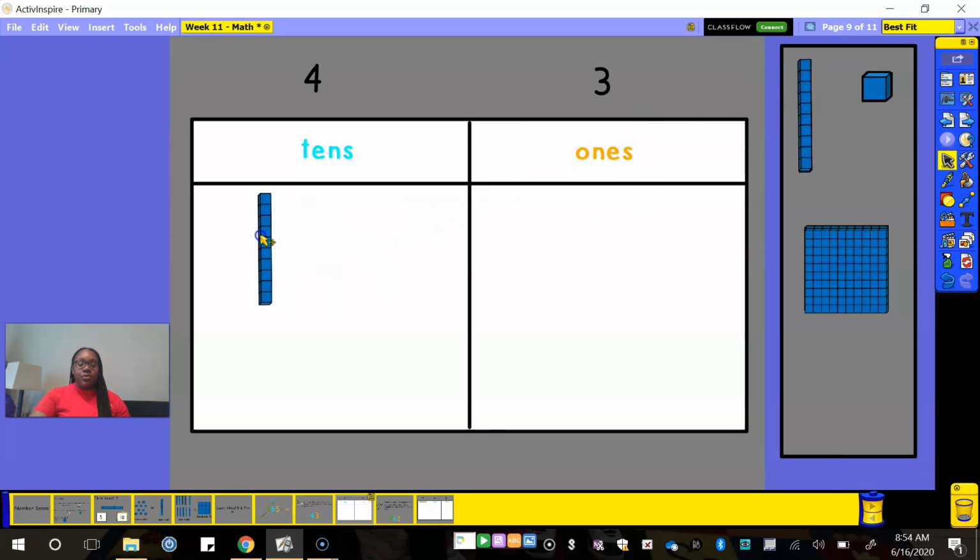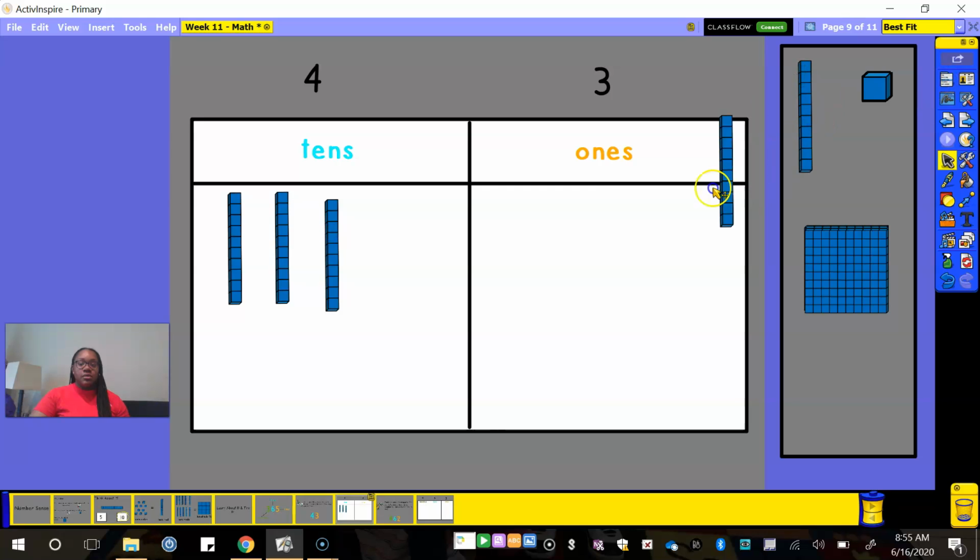We have 1, 2, 3, 4. Stop. We only needed 4, so I only had to drag over 4 tens rods.